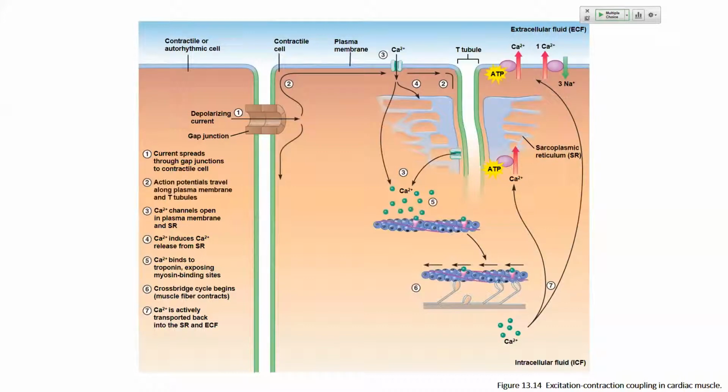So we have the exchange of sodium for calcium, or we have calcium pumps on the sarcolemma membrane as well. All right, so those are the 3 routes of allowing calcium to leave the cytoplasm. Put it back into the SR, exchange it for sodium, or just pump it out of the cell back into the extracellular environment. All right.